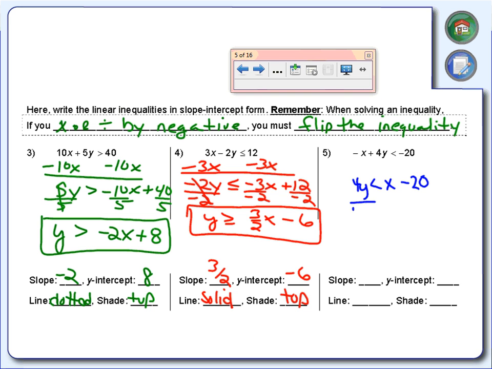All right, so she's moved her x to the other side. She did that by adding. Dividing everything by 4. Nice. That is correct.